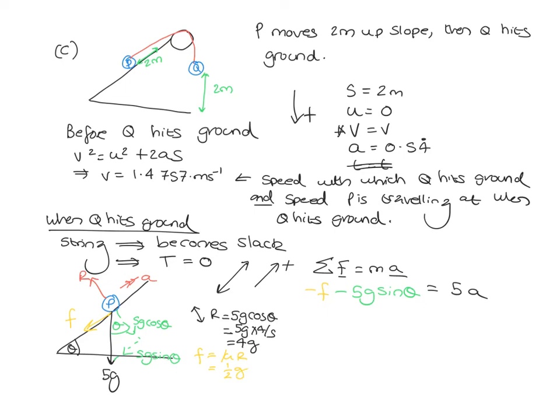It hasn't changed value. So minus a half g minus 5g multiplied by sine theta equals 5a, and from here we can work out the new acceleration of P once Q has hit the ground. This works out to be minus 6.86 meters per second squared. Of course, P is decelerating.